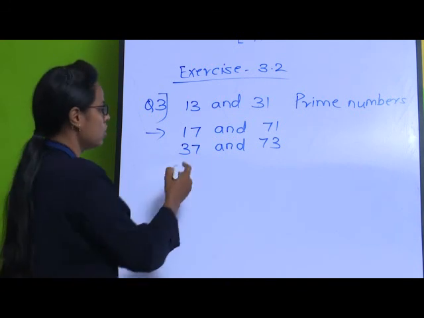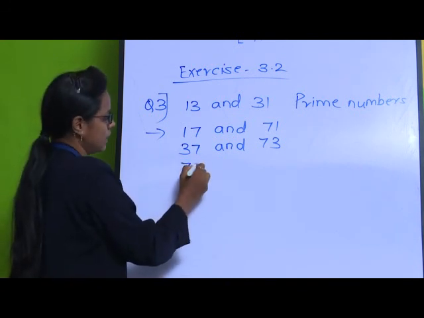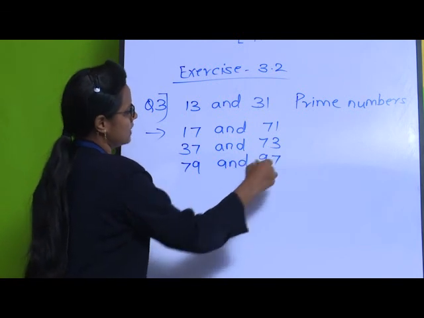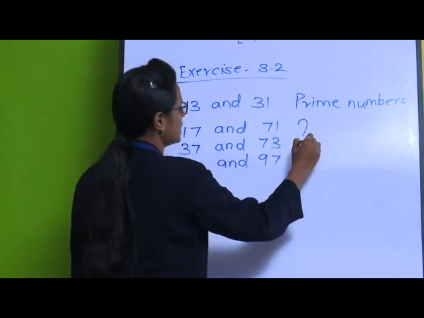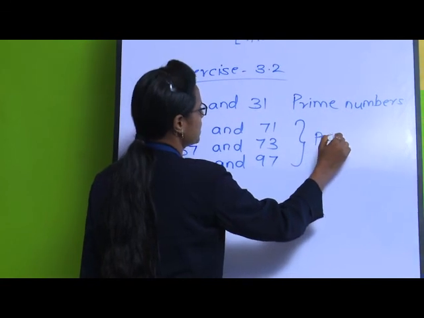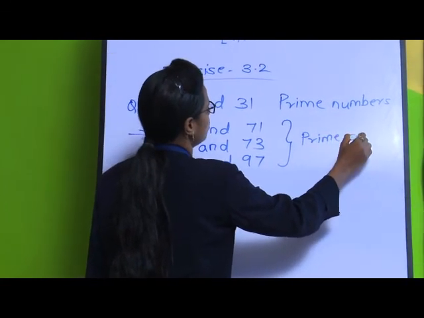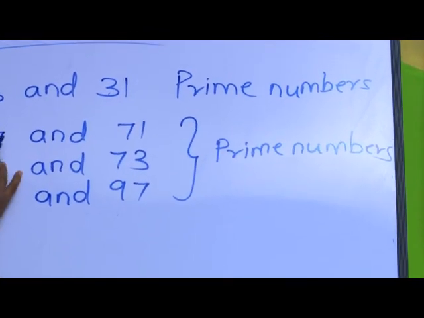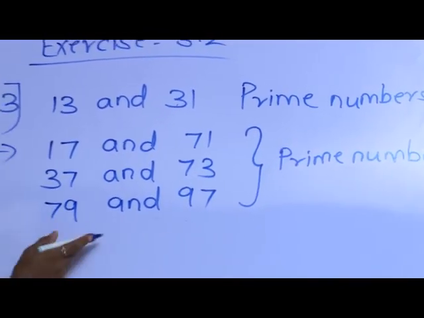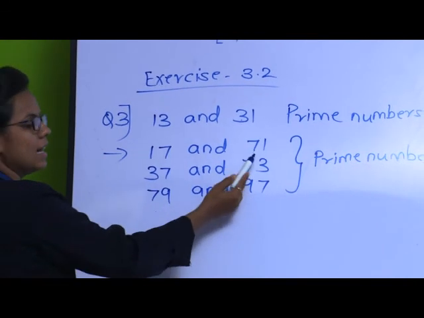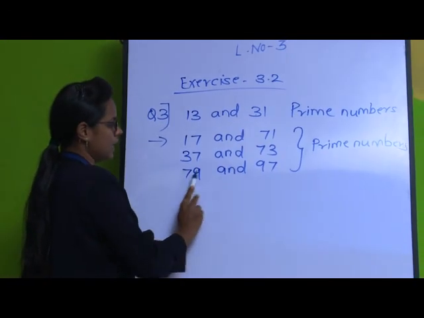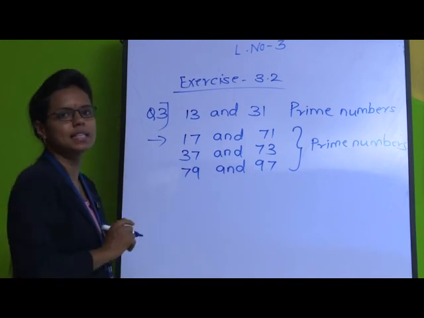The other example is 79 and 97. So these are the prime numbers: 17 and 71, 37 and 73, 79 and 97.